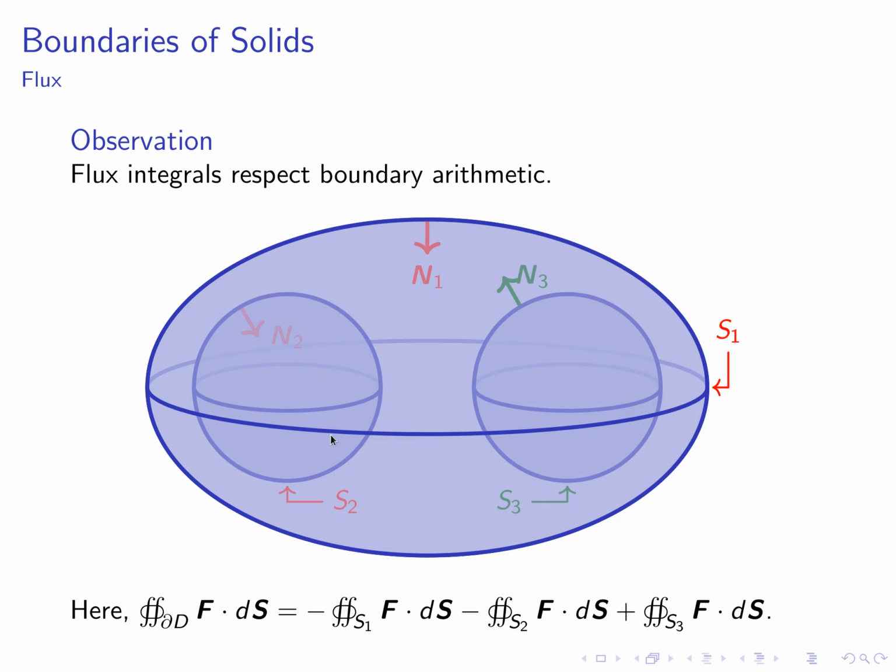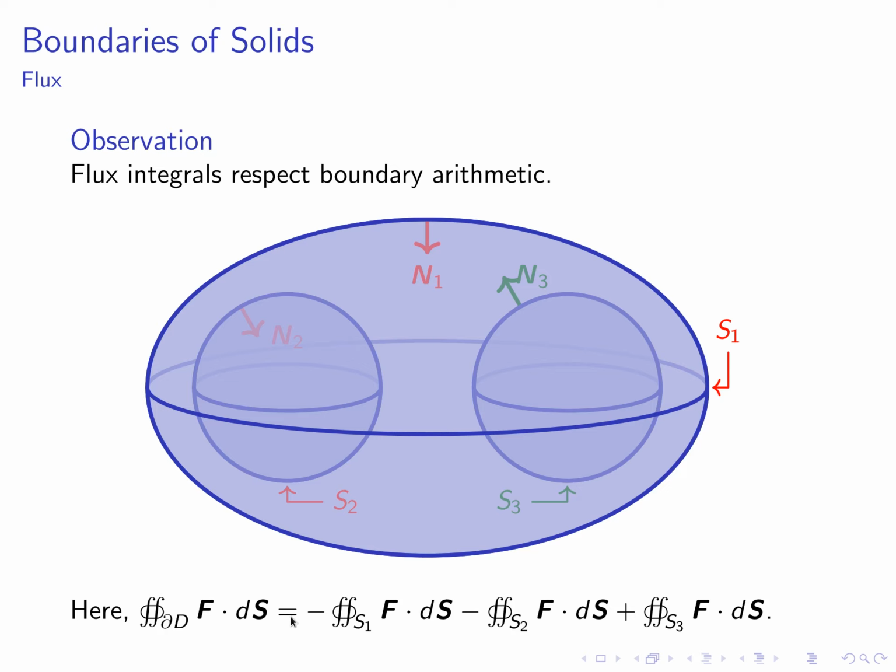So S2 actually carries the positive orientation. So that's actually a typo that we'll address in a moment. And then S3 has normal vector pointing away from the sphere, which is actually into the domain, which indicates that S3 has the negative orientation. So here, our flux integral over the boundary respects the correct boundary arithmetic.